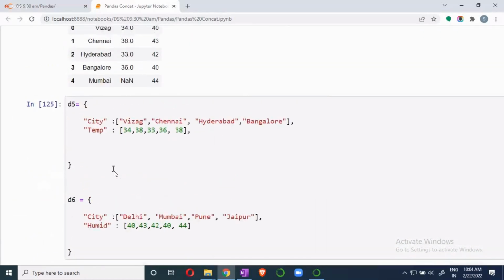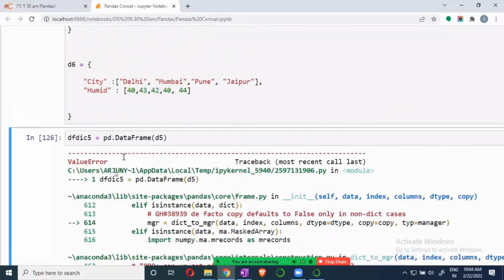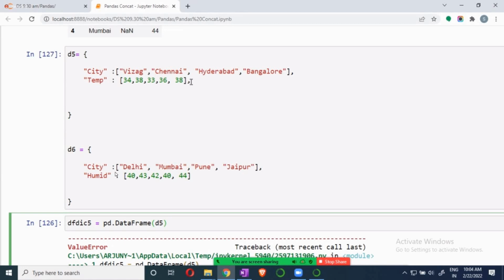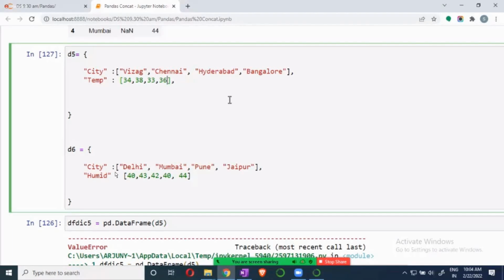What happened? I didn't run this one. Temperature.